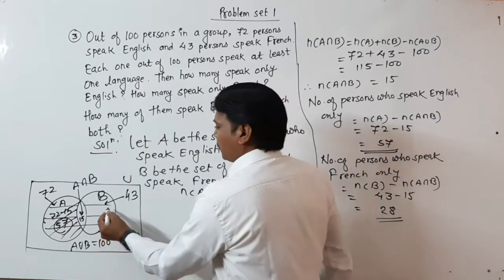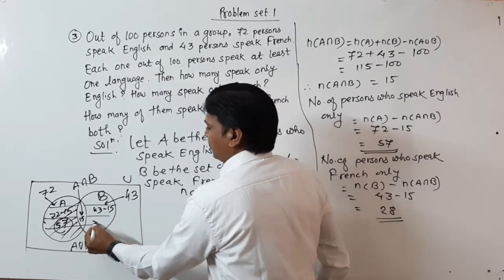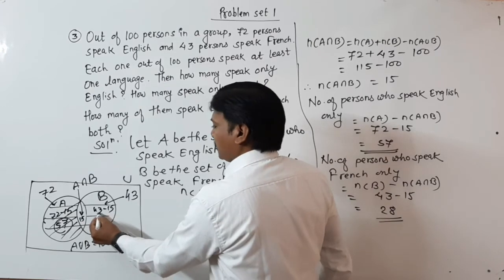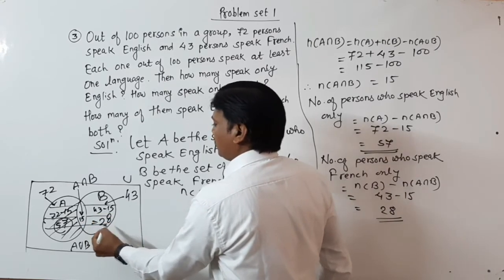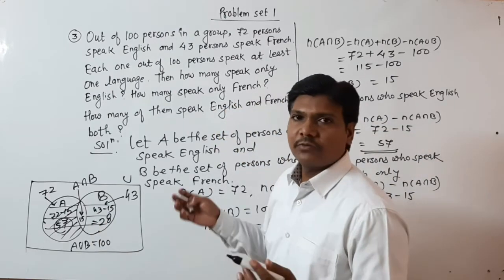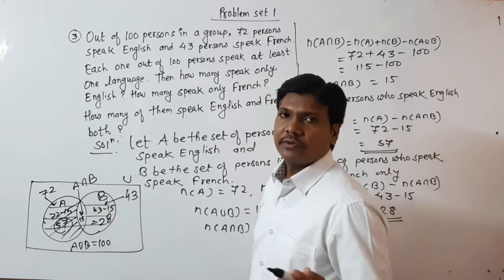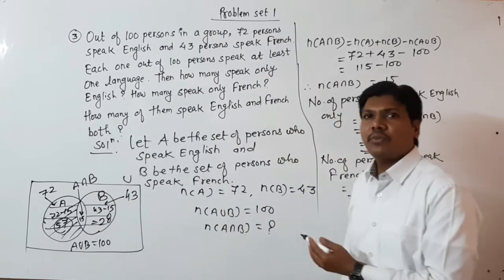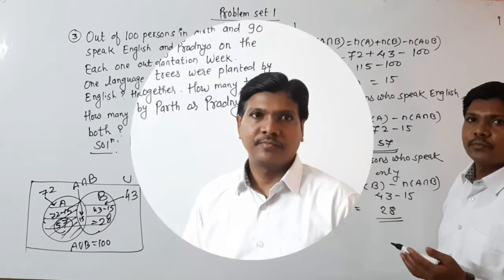And here 43 minus 15 gives 13 minus 5 is 8 and 2, meaning 28% speak only French. So for this example, write it down in your notebook and make notes.